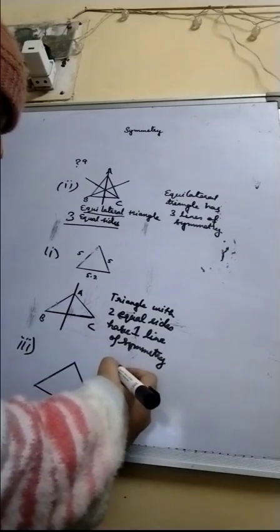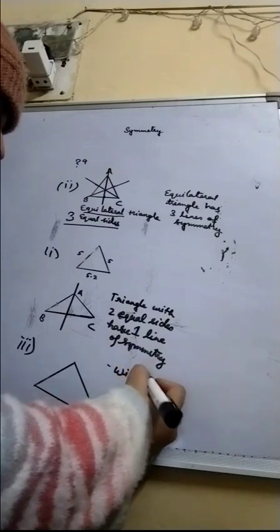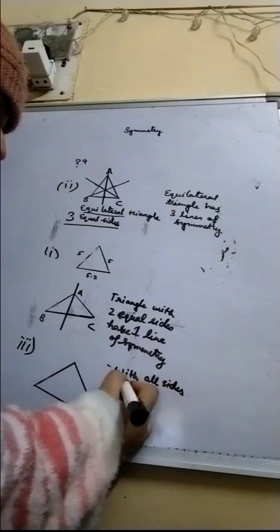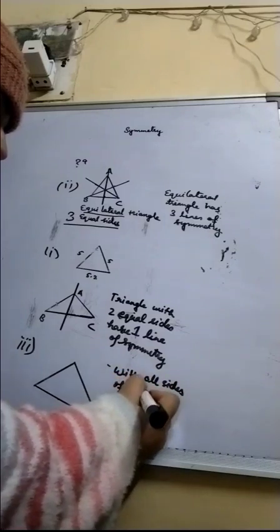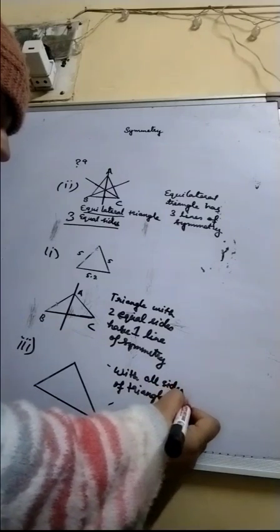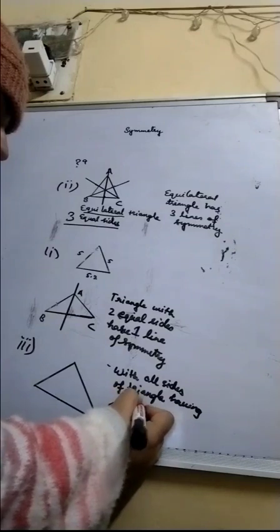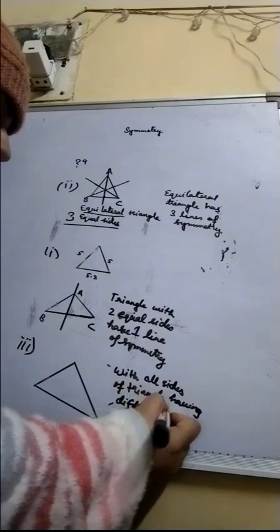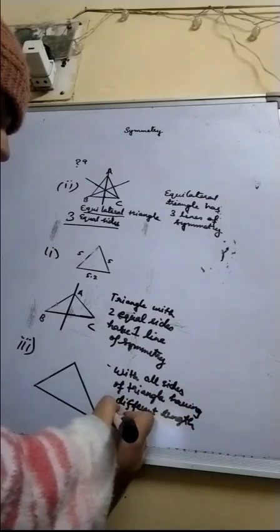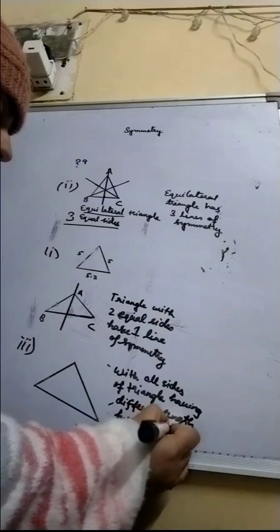So you can write with all sides of triangle having different length has no line of symmetry.